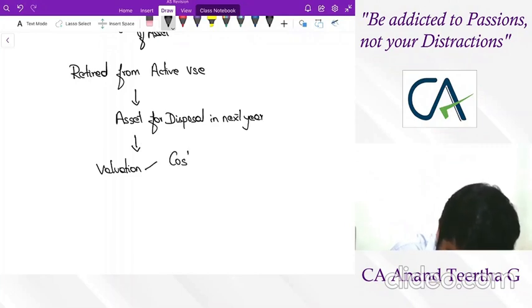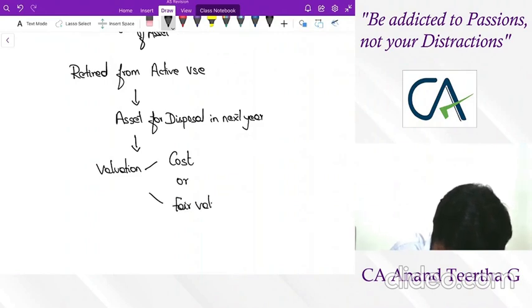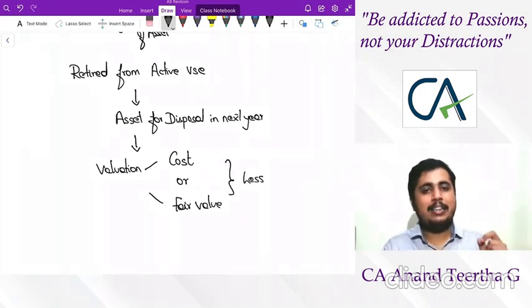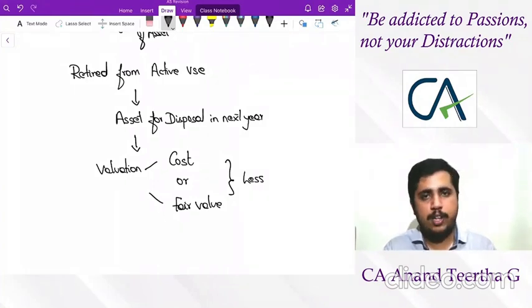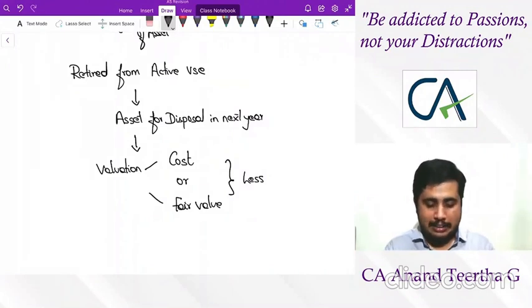Either value this at cost or value this at fair value, whichever is less. And this amount will be transferred towards that current asset element. If there is any profit, ignore. If there is a loss, transfer it to P&L. This is how you have to consider the retired from active use mechanism.